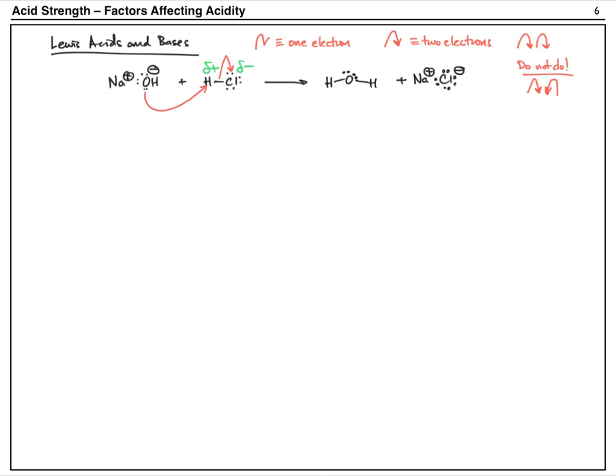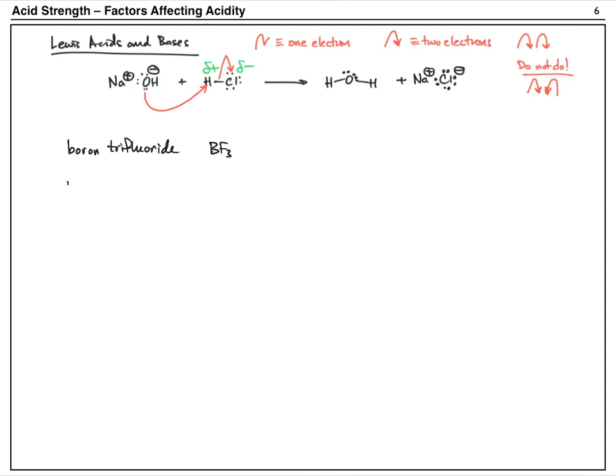So what are some other Lewis acids that we will use in this course that we need to know? So one of them is boron trifluoride. That's BF3.